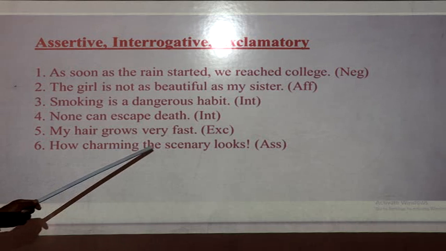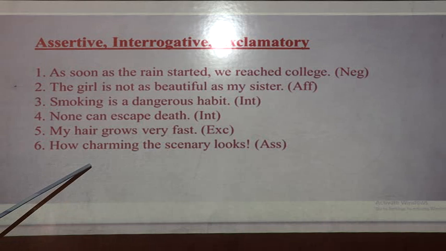Sentence is, the scenery looks very charming. In this way, we have to change the given sentence according to the direction in the bracket. So these are the systems. I think all of you are acquainted with the system of changing sentence, and let us see what are the different rules of changing sentence.